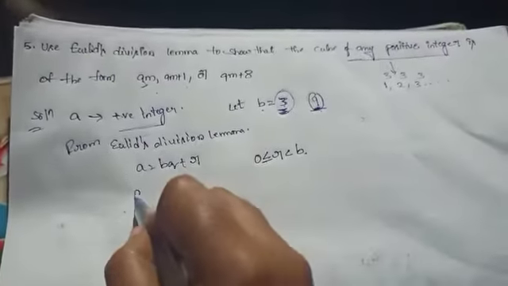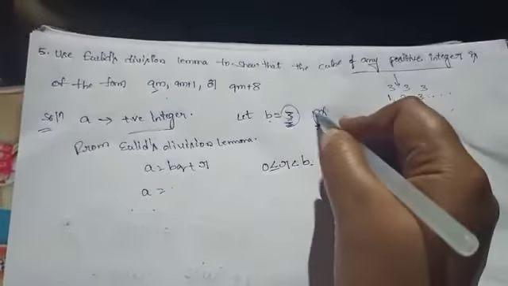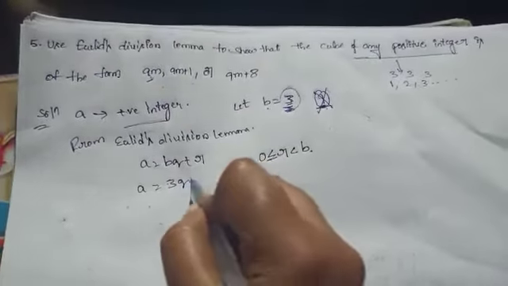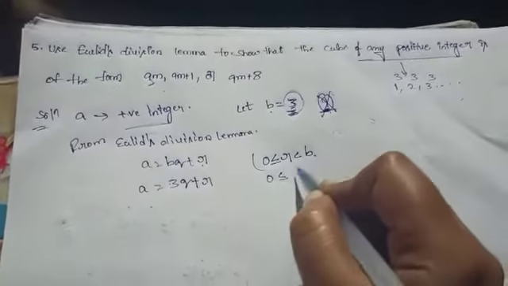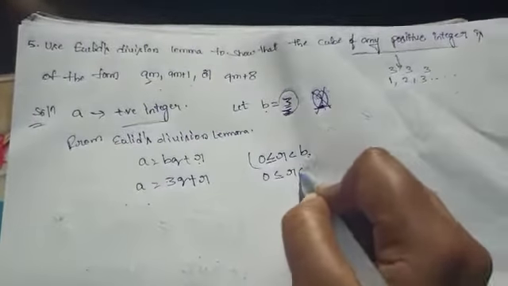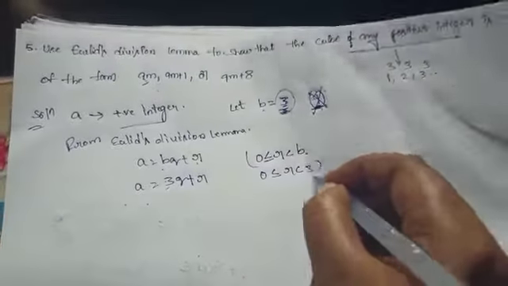So a equals 3q plus r, where 0 is less than or equal to r, which is less than 3.